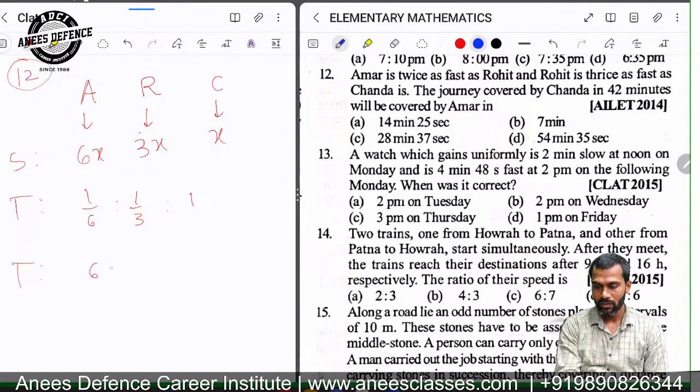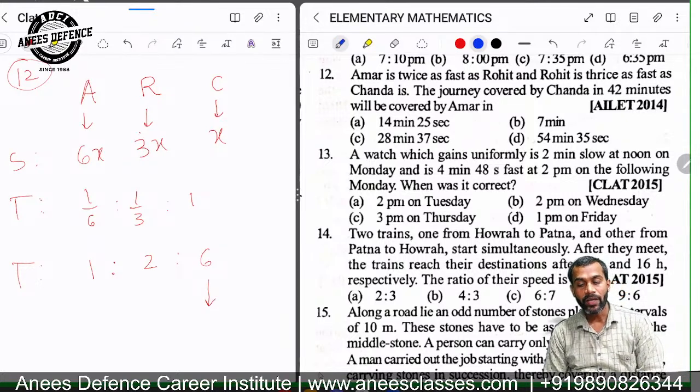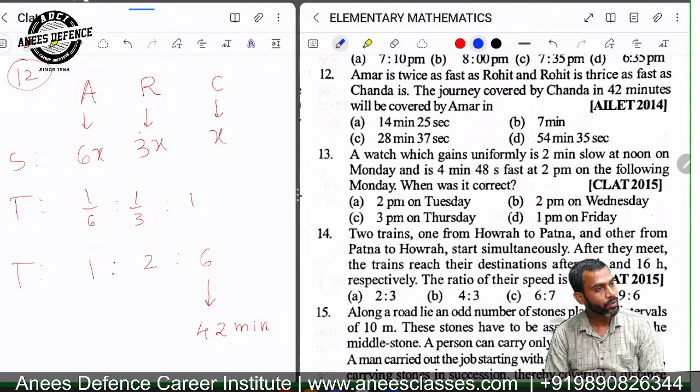So what is the ratio of time? 6 into 1/6 is 1. And here, multiply by 6, 2. Here 6. So this is the ratio of time. So 6 is equivalent to what time taken by Chanda? 42 minutes. Yes or no? So 6 is equivalent to 42 minutes.